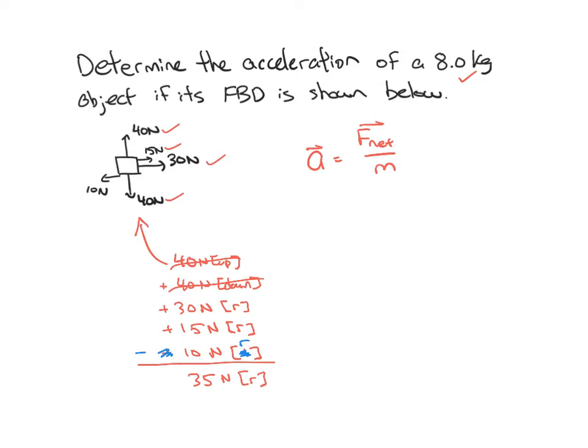So now I have all that I need to get the acceleration. The acceleration is simply the net force, 35 newtons right, divided by the mass of 8 kilograms. And then I get my calculator out for that, which I don't have, but this one's not too bad, 4.375. The units would be, you see in the equation, it might be newtons per kilogram, but I know that the SI units for acceleration are meters per second squared.